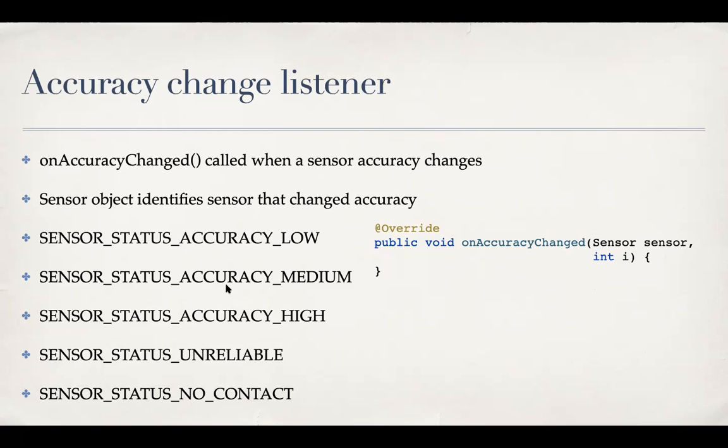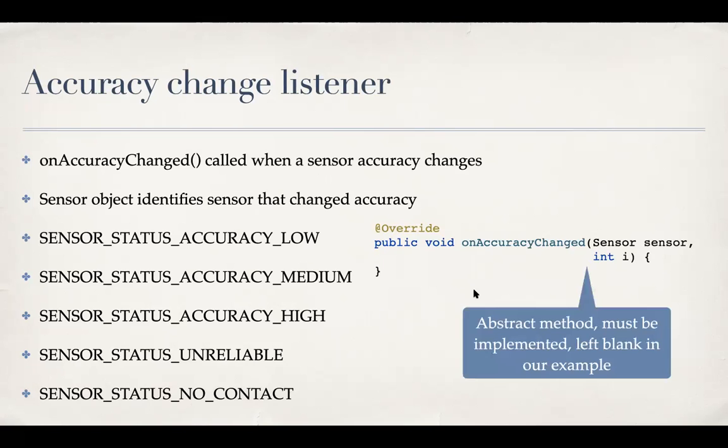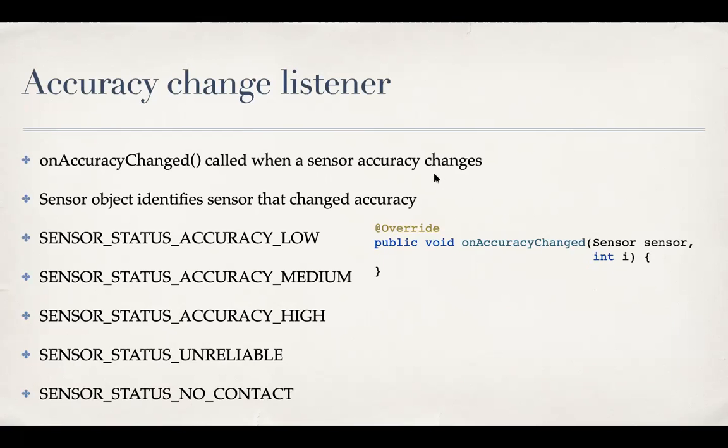So for certain applications, you can look into those specific levels of accuracy, and your app can respond accordingly. So this is an abstract method of the interface, so it must be implemented. But in this example, we'll leave it blank because we don't really use it.